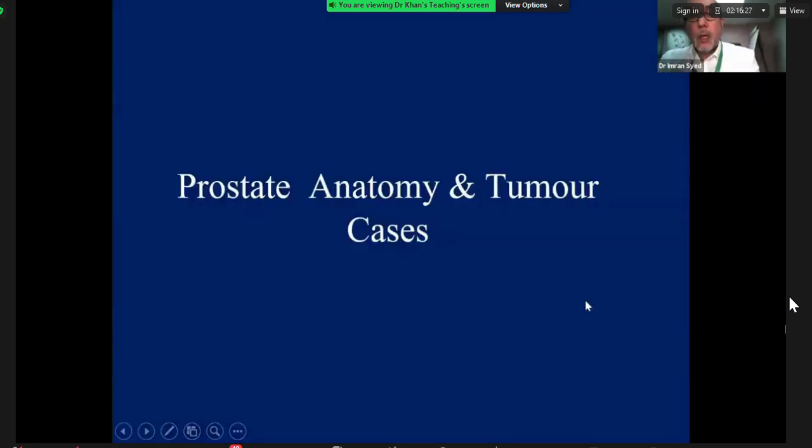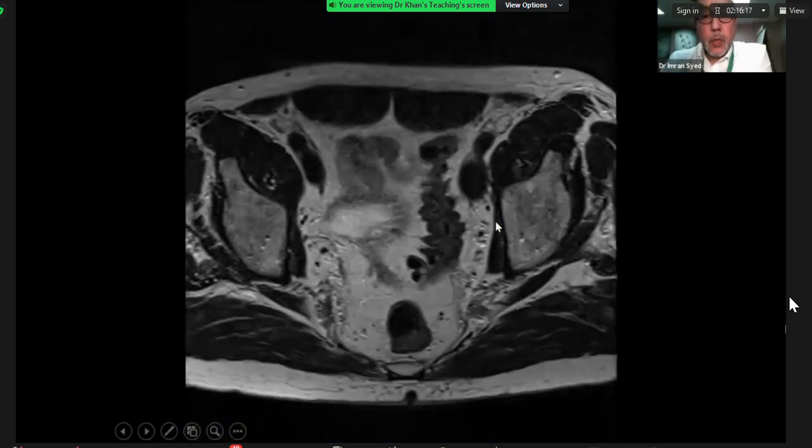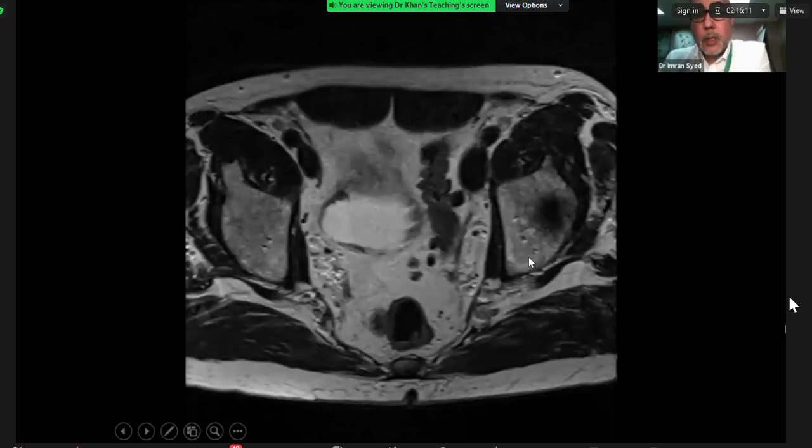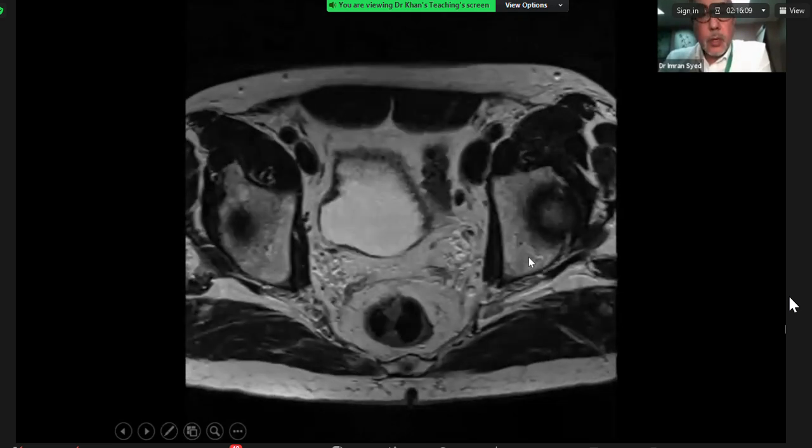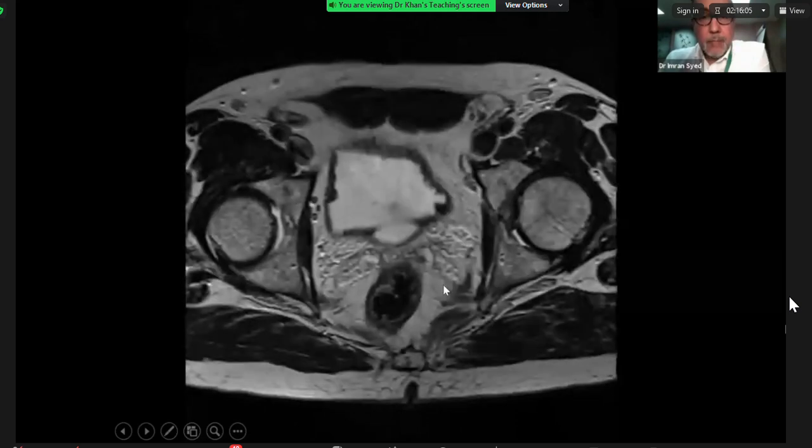Okay. Right. We're just going to be going through prostate anatomy now. Just for those of you who are not familiar with prostate MRI imaging, we've got an axial T2 weighted sequence that we're just showing at the moment, and we're scrolling south.